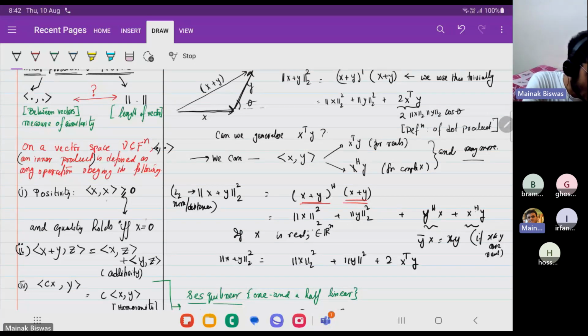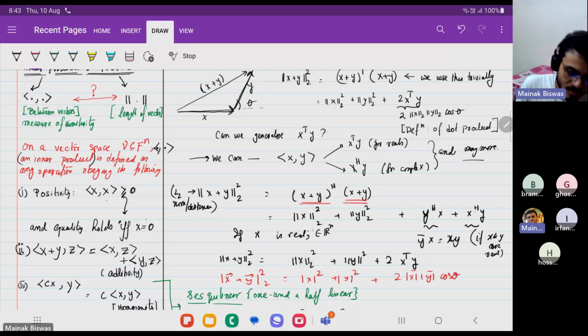So do you remember, recall this formula from your school days or class 11 physics? You used to write x plus y vector square as x square plus y square plus 2xy cos theta, isn't it?